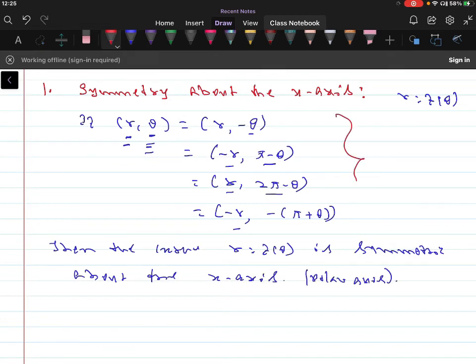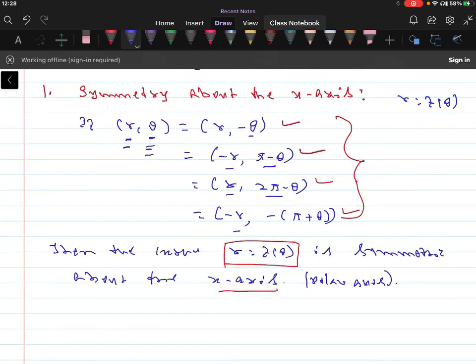If any one of the conditions is true, then the curve is symmetric about the x-axis. Suppose the curve is symmetric about the x-axis, so you can see it geometrically.